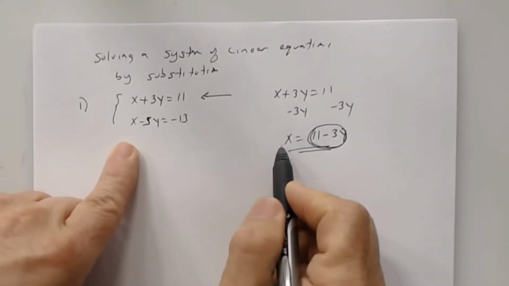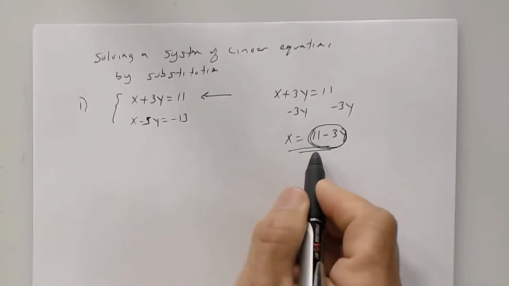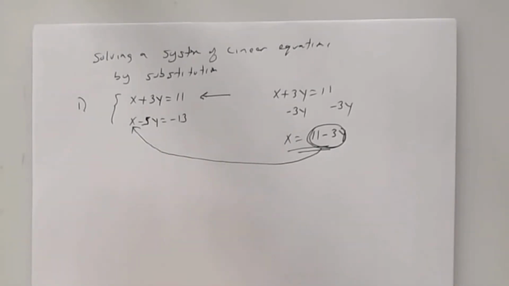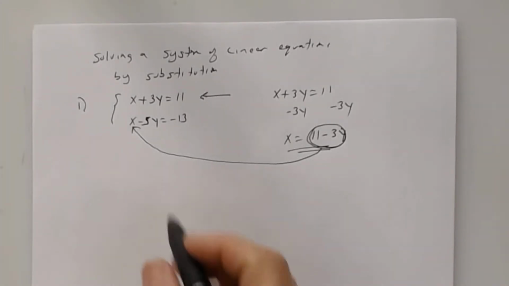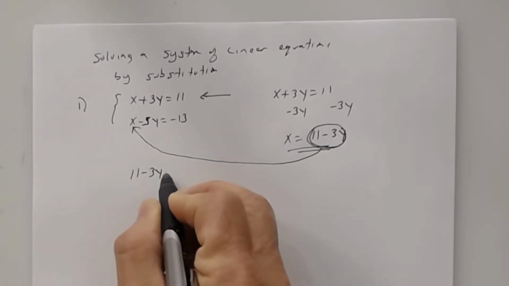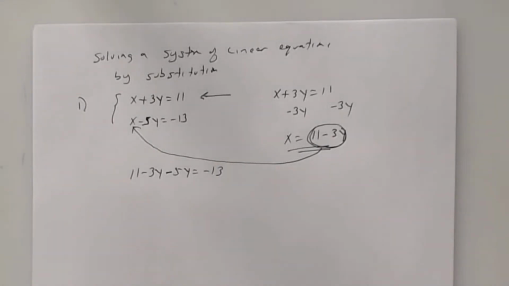This is what I got x to be: 11 minus 3y. So in place of x here, I'm going to substitute 11 minus 3y. So let's do step 2. You're going to say 11 minus 3y, minus 5y equals negative 13.